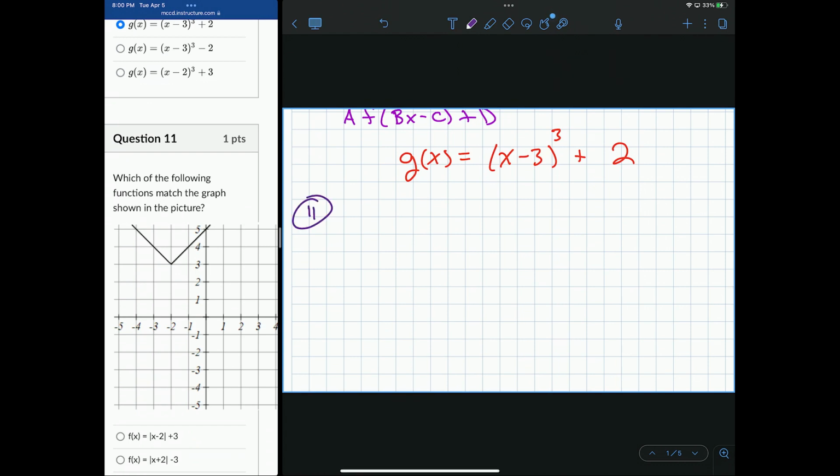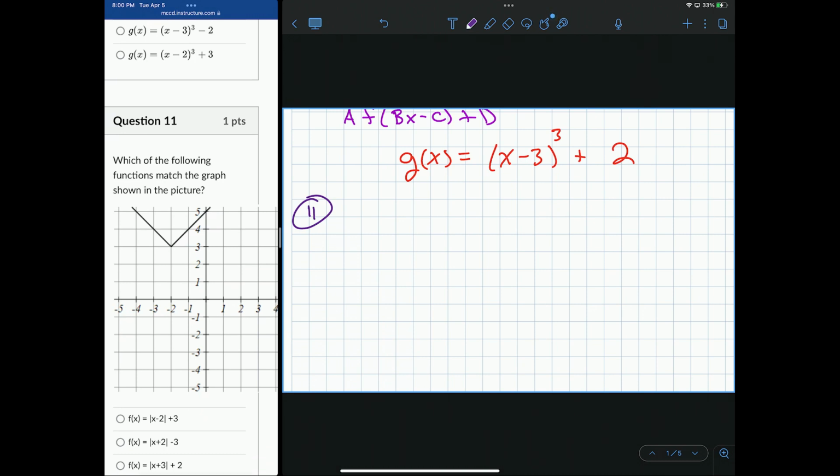Number 11 is kind of the same thing we just did. It's even a 2 and a 3. It's kind of the same thing we just did, but we're doing it visually. So the key here is that you kind of had to know what the original function looks like. And so if I want to graph this, for example, let's say f of x, no, because they call it f of x there.